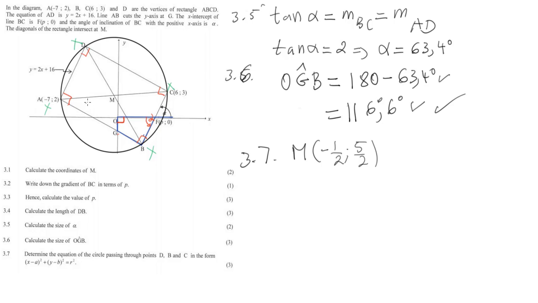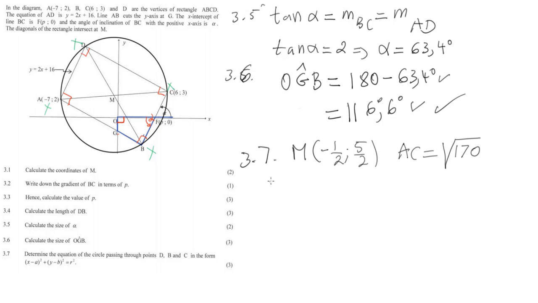We already found the distance. Remember the distance DB is equal to AC, which was the square root of 170. Is that clear?